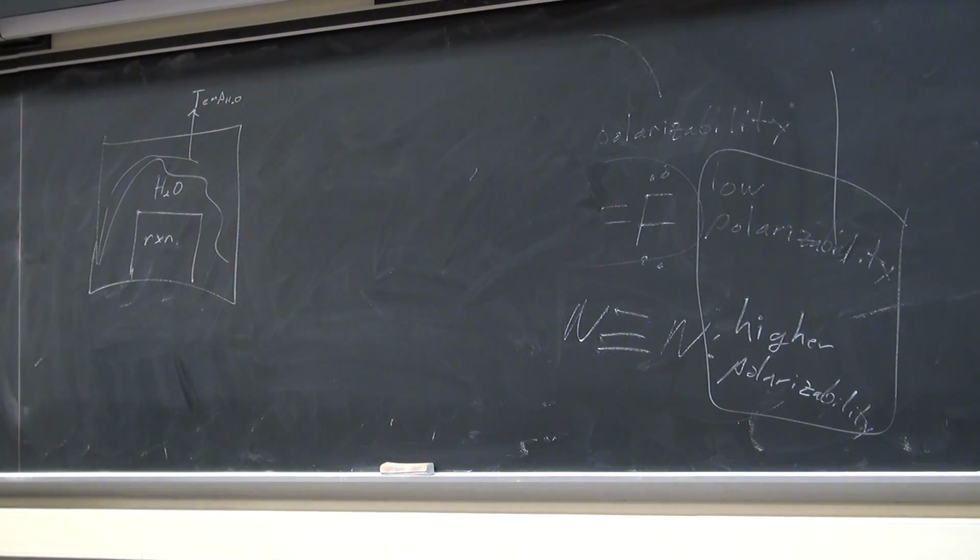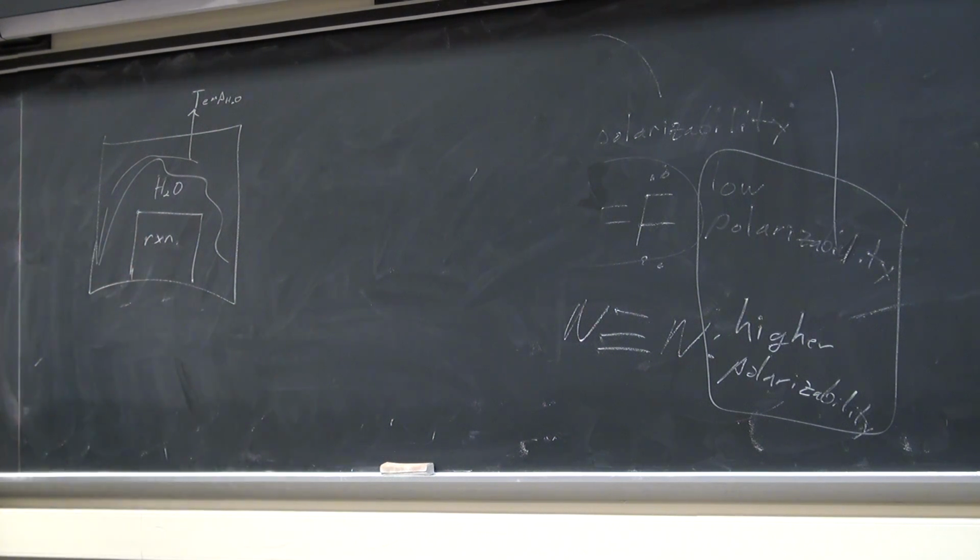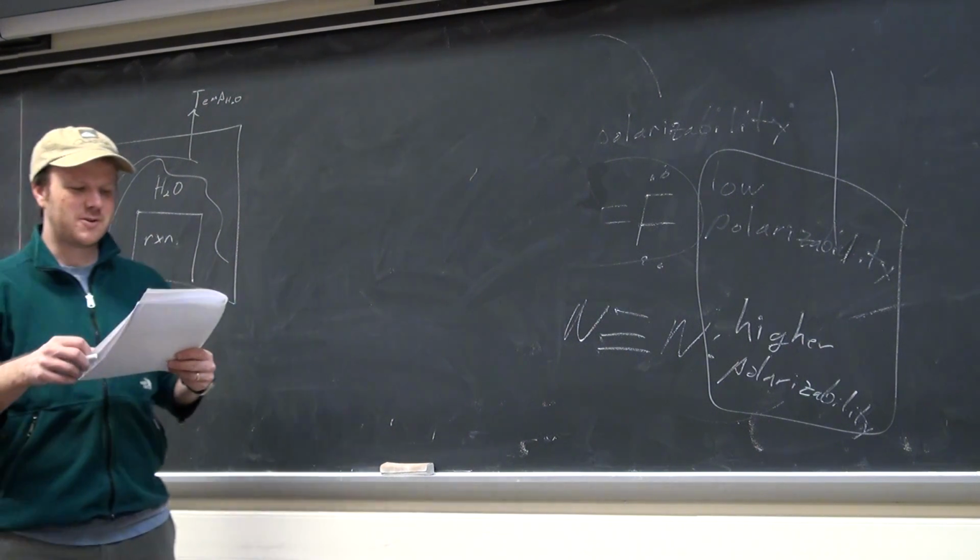The temperature change of the water tells us how much heat is released from that reaction. So if I put an exothermic reaction in this box, is the temperature of the water going to go up or down? Up. Okay, if I put an endothermic reaction in that box, is the temperature going to go up or down? Down. Good. Remember, that's important.